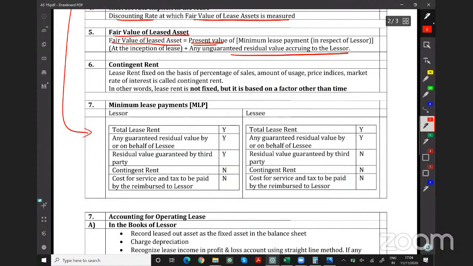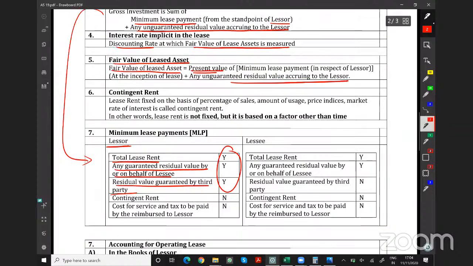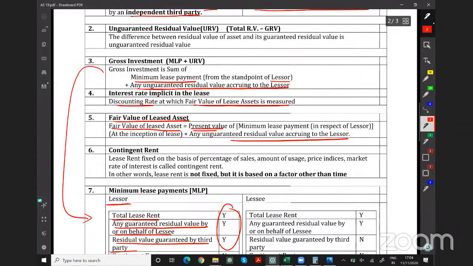From the point of view of the lessor, is it the total lease rent receivable? Yes. Plus any guaranteed residual value on behalf of the lessee, plus any guaranteed residual value to be received on behalf of a third party. All these three things will be termed as minimum lease payment. So what do you mean by gross investment?